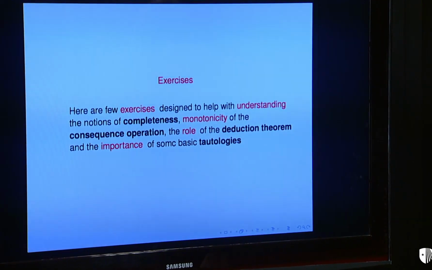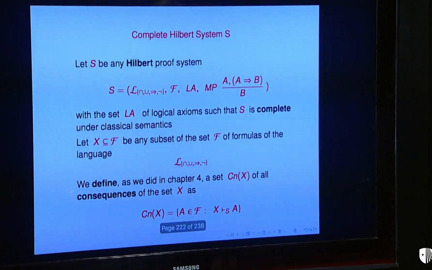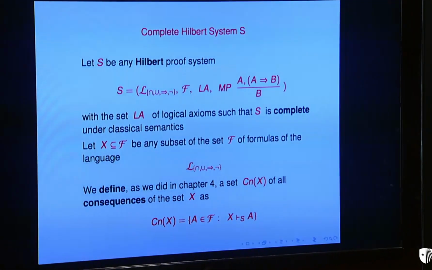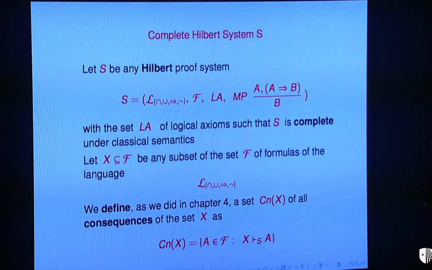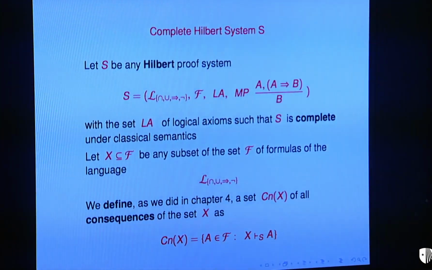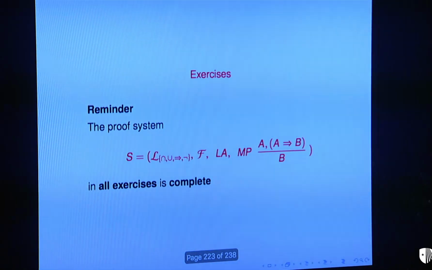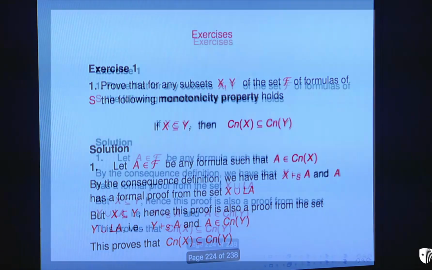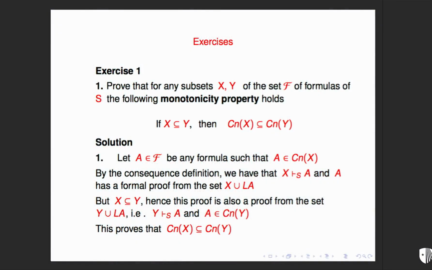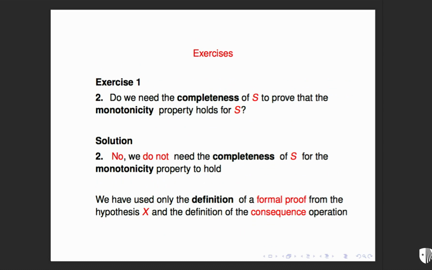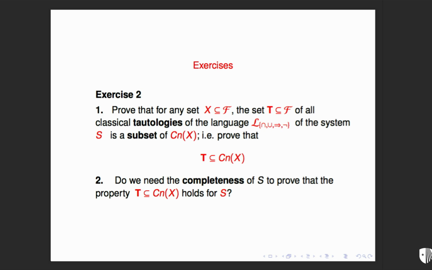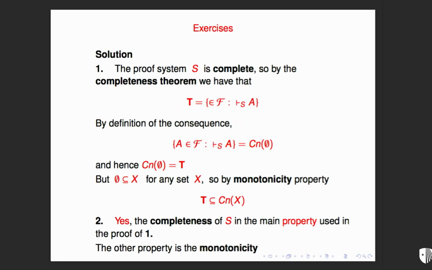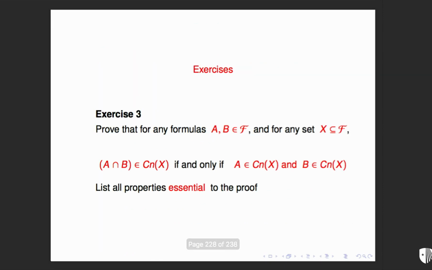And then I give you more exercises, which I'm not going to talk about, we already talked enough, on the monotonicity property of completeness and the definition of formal proof. And of course, when I give exercises, I make the solutions, so with beautiful solutions.